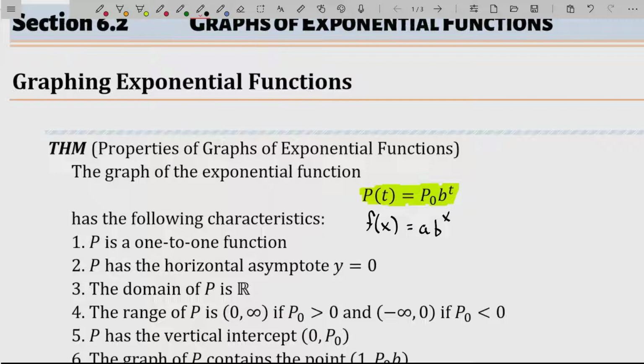It's the same thing. It's just that exponential functions are usually functions of time, and their function values are populations. So a population of a species, a population of bacteria, whatever it may be. So that's why I use this P(t) = P0 b^t notation.